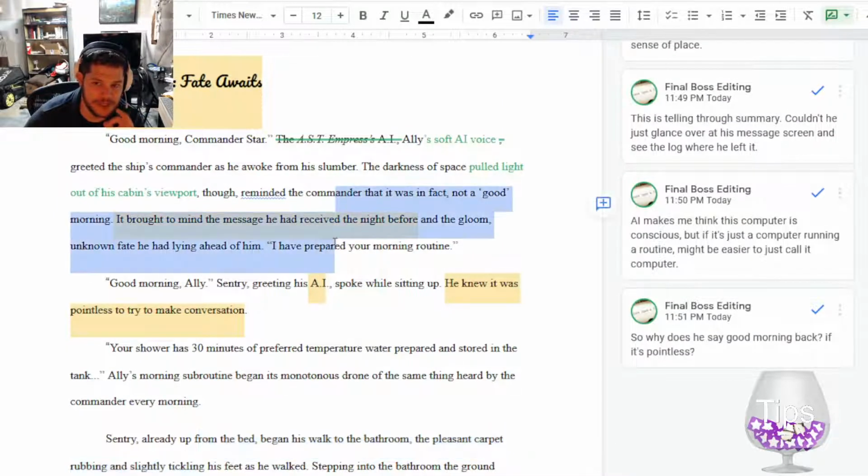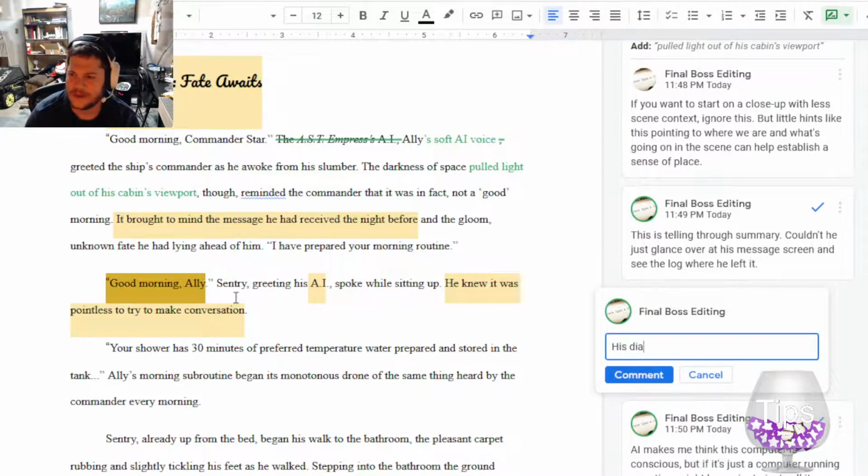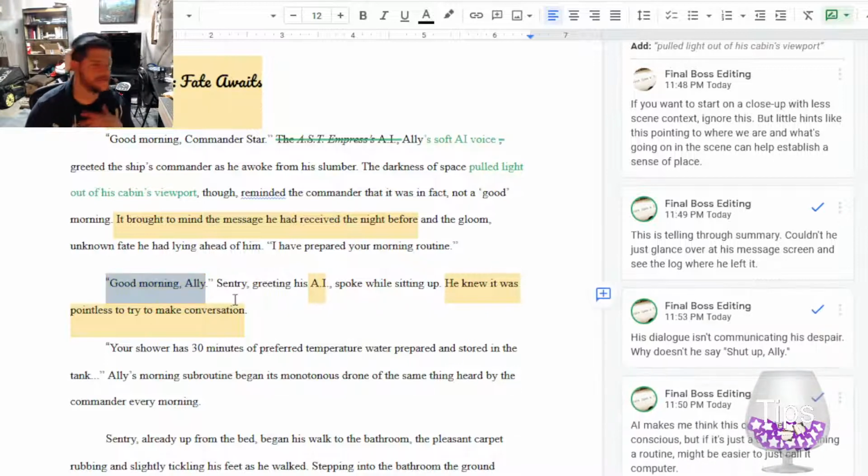We have his emotion of despair and sadness coming through here in summary, but it's not coming through in dialogue. His emotions aren't communicated in his dialogue. Why doesn't he say something like "shut up, ally" to this computer subroutine?